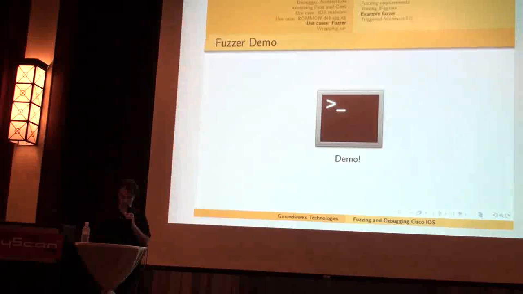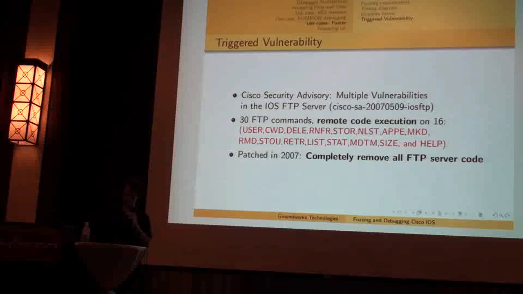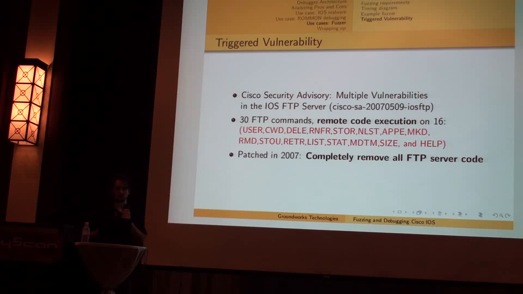So what we found with this, of course, is not a 0 day. This is already patched because this is a very old firmware image. But you see, this little fuzzer crashed all these commands. USER, these are our FTP commands. It even crashed the HELP command. How can you manage to crash with a help command? This is the simplest thing.